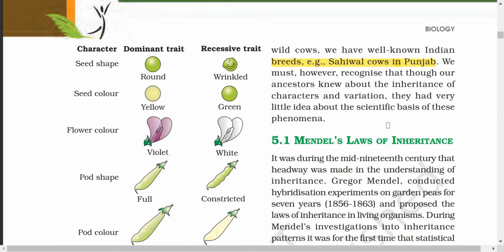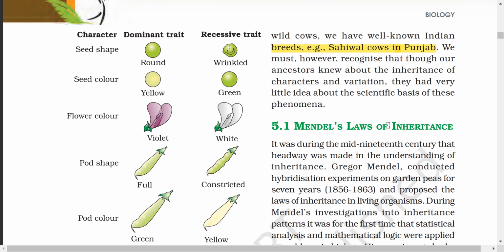We must, however, recognize that though our ancestors knew about the inheritance of characters and variation, they had very little idea about the scientific basis of these phenomena. So, this paragraph is trying to basically explain to us कि हमें already from ancient times only we knew what all was about inheritance and how sexual reproduction could produce various variants of progeny.